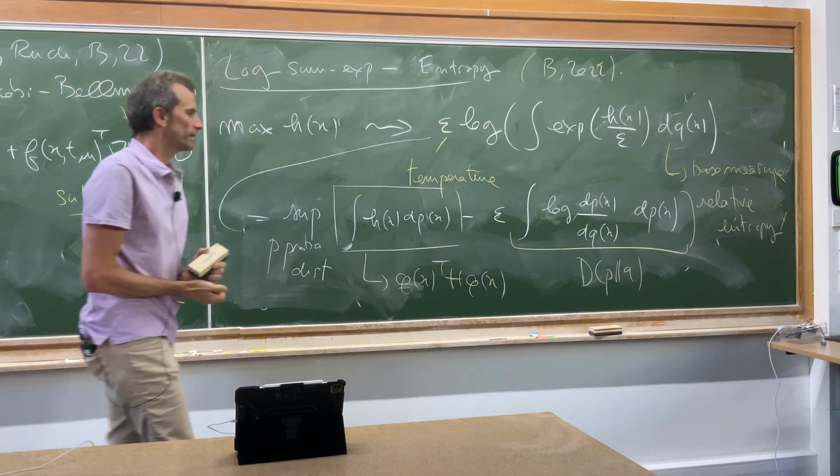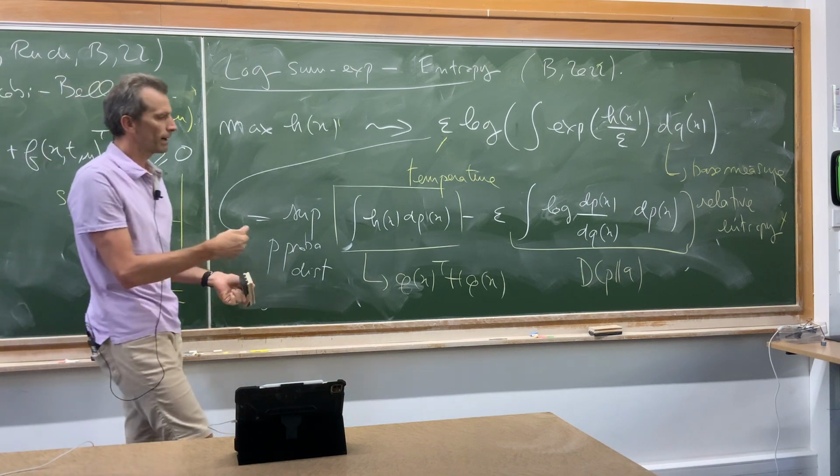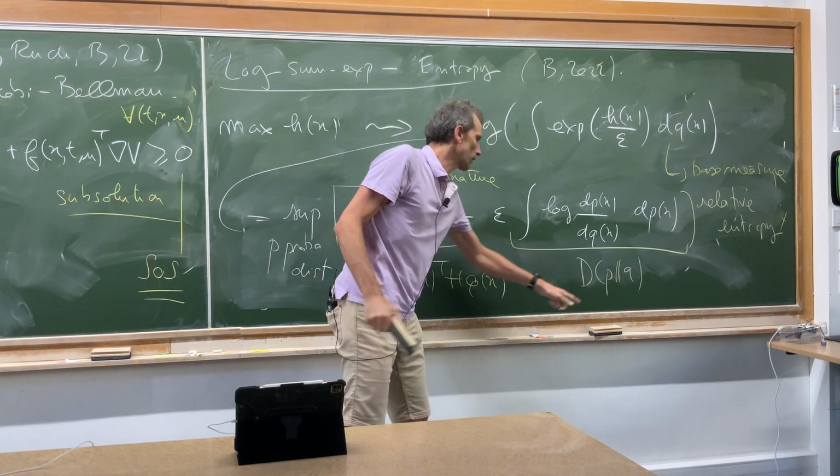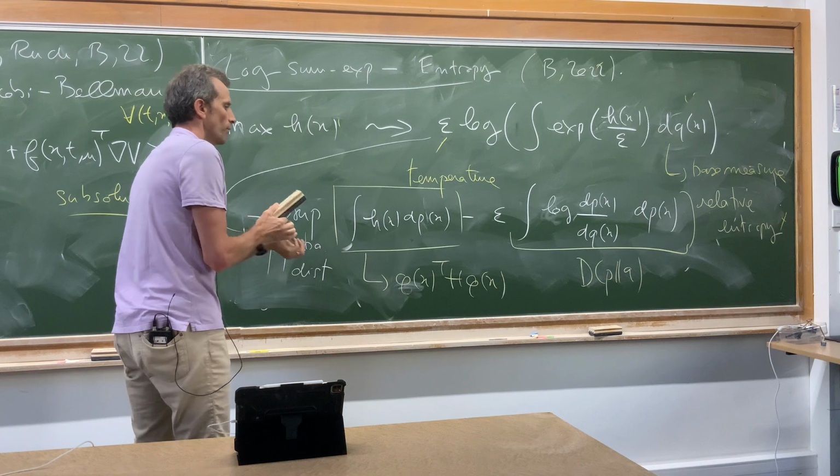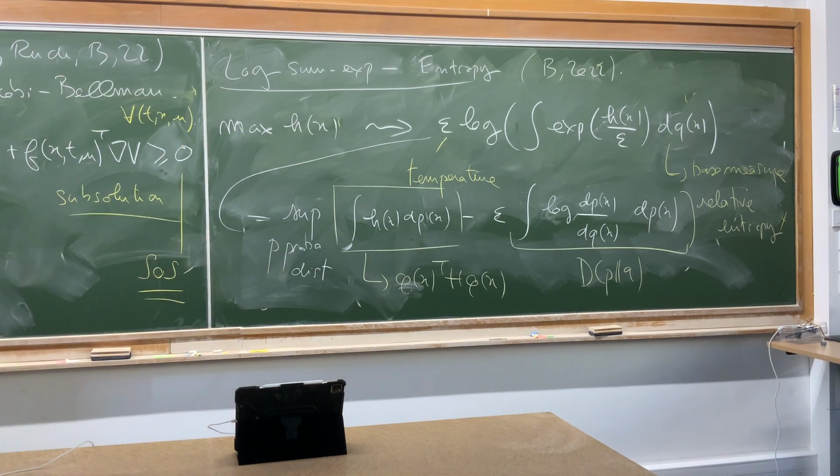Is there a possibility to lower bound or upper bound dpq only based on the knowledge of moments of phi of x? So that will be the goal.